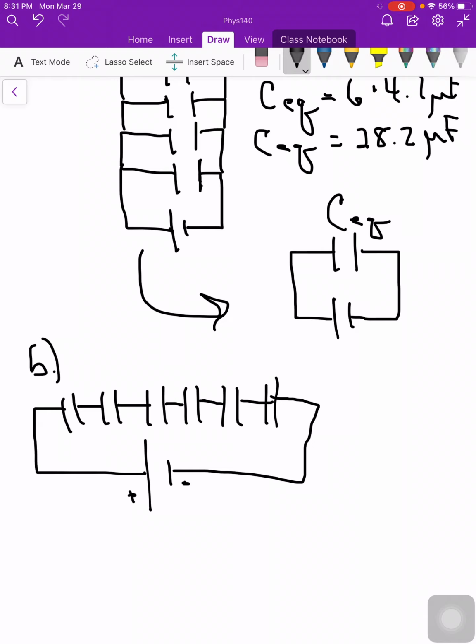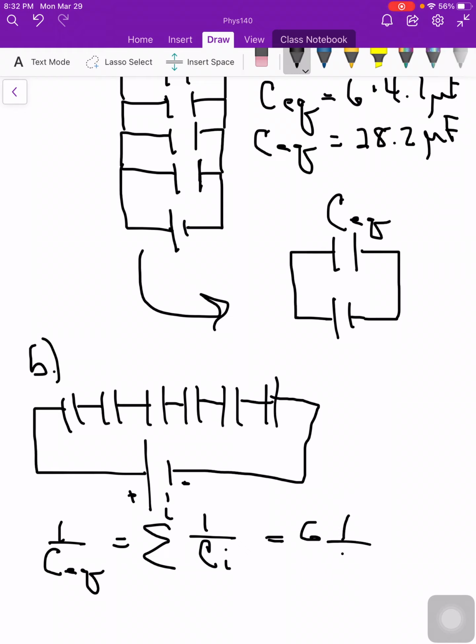Okay, so when we find the equivalent capacitance for series, we write 1 over CEQ is equal to the sum of 1 over Ci. So I'm adding up 1 over Ci for each one, and so in this case it's going to be 6 times 1 over C, the C that we have for each one of these.